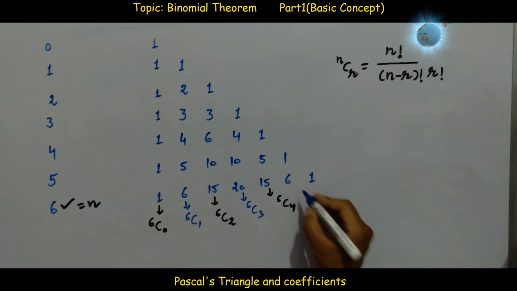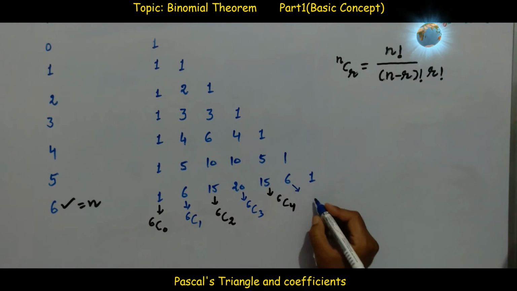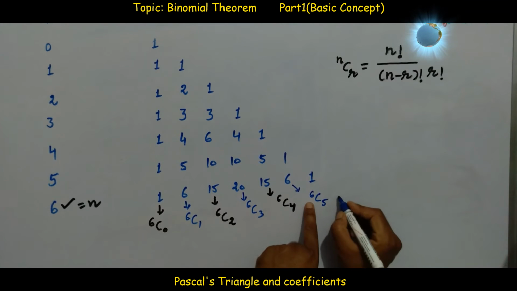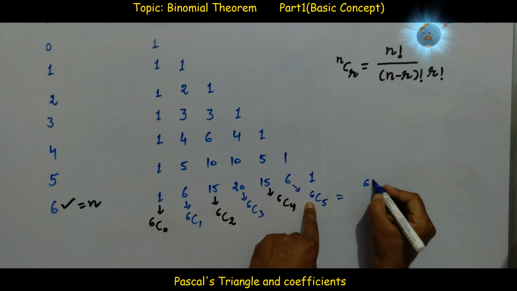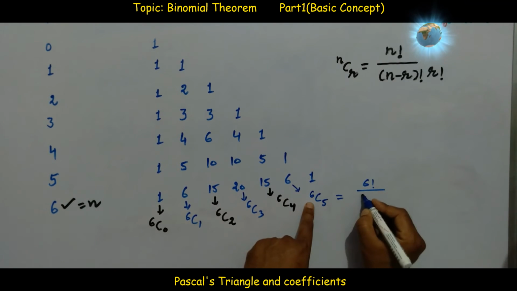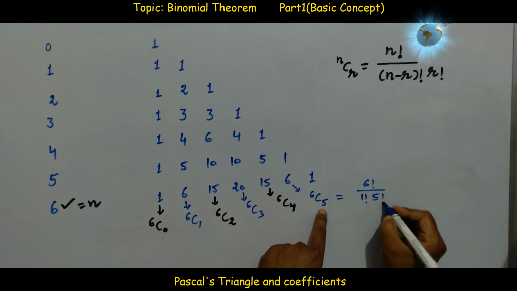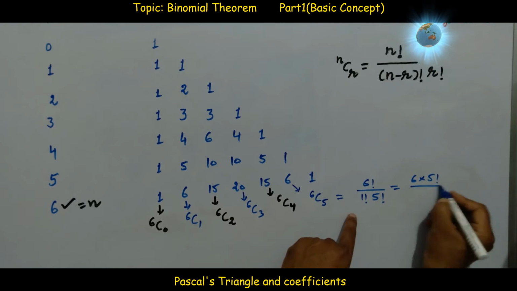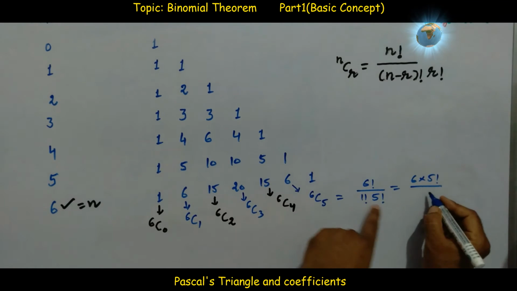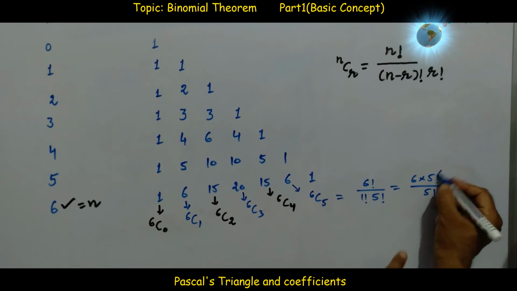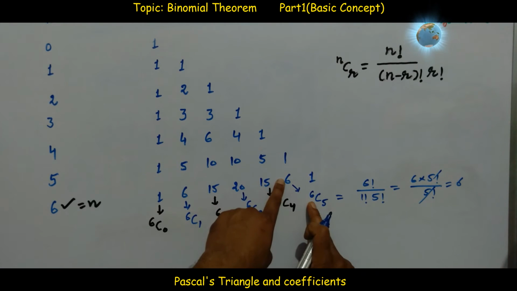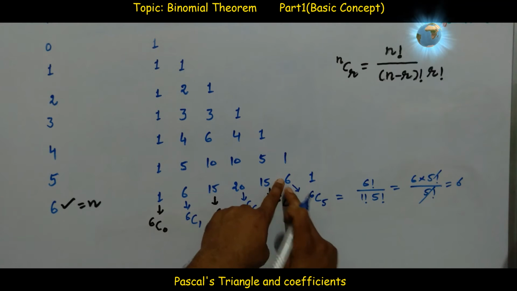Now what about this 6? This 6 should be 6C after 4, this is 5. So let us see what happens. 6 factorial divided by 6 minus 5, which is 1 factorial, into 5 factorial, that is equal to 6 into 5 factorial divided by 1 factorial. The value of 1 factorial is 1, 5 factorial as it is, 5 factorial cancelled, 6 is the answer. So we can write 6C5 equal to 6.